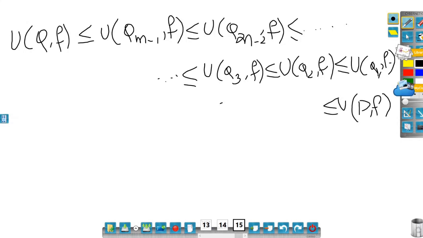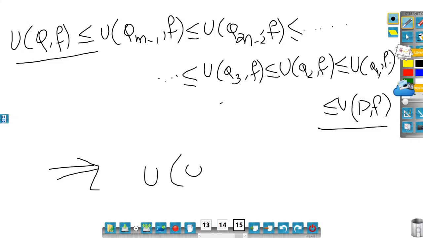So by clubbing all this, finally U(Q, f) and U(P, f) follow the less than or equal to notation.